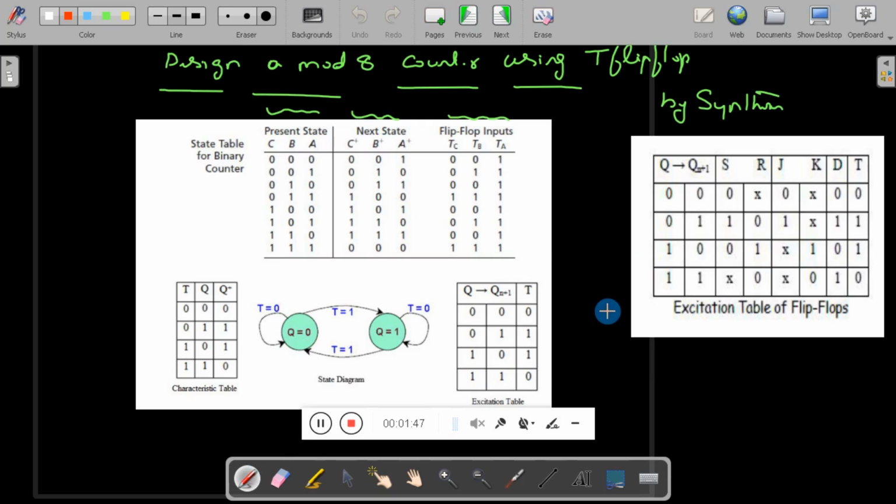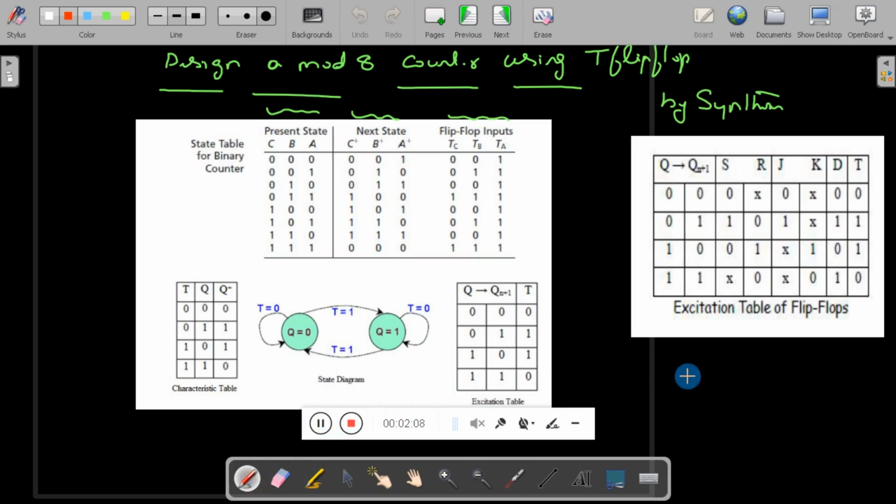So we will see here how to design mod 8 counter using T flip-flop by using transition table. Students, you see here, this is the transition table. In this one, we are going to design mod 8 counter.